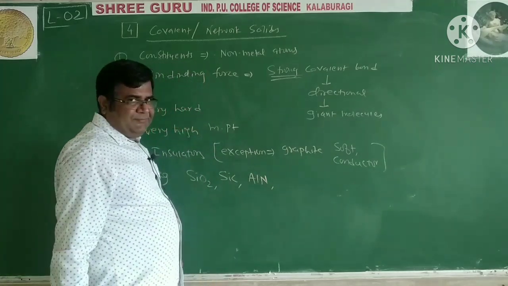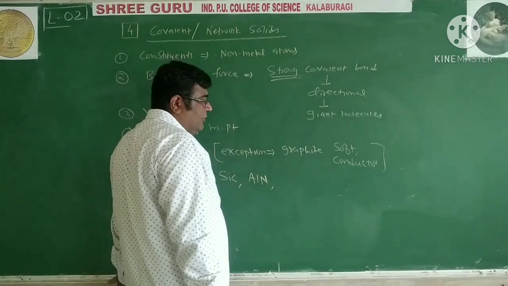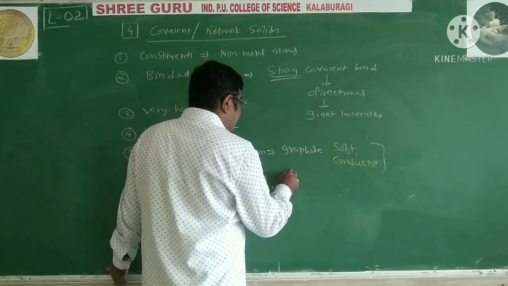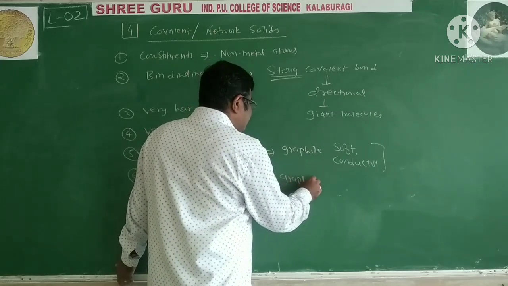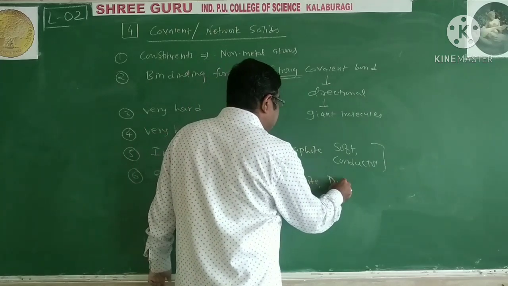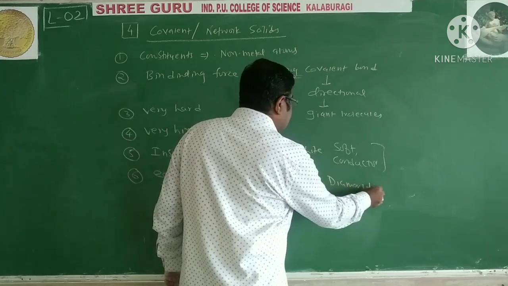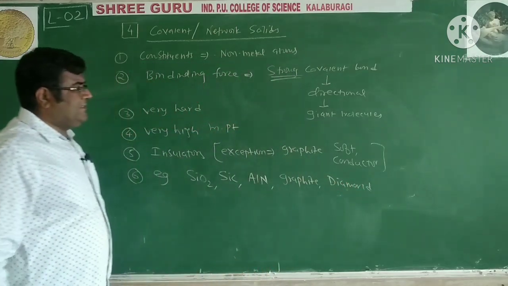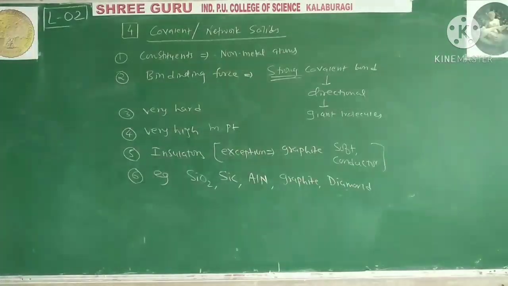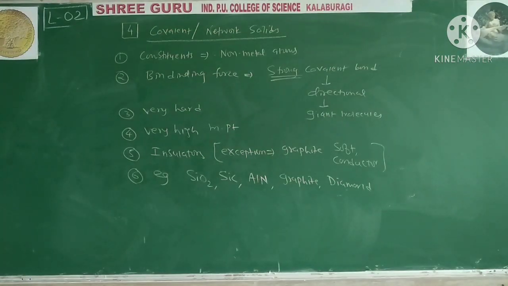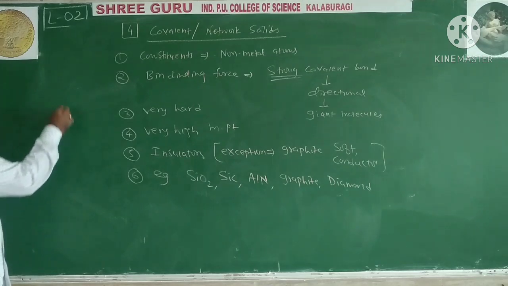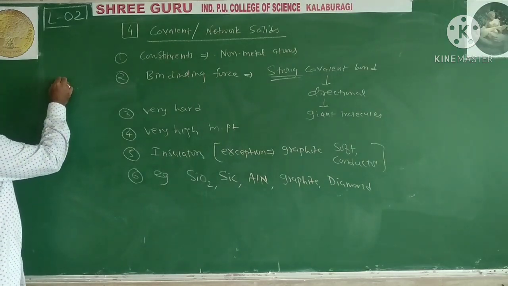Aluminium nitride also comes under this covalent network solid. Graphite and diamond. Only these 4 or 5 examples you have to remember. Now we'll see why graphite is soft and conducts electricity. Consider the diamond.